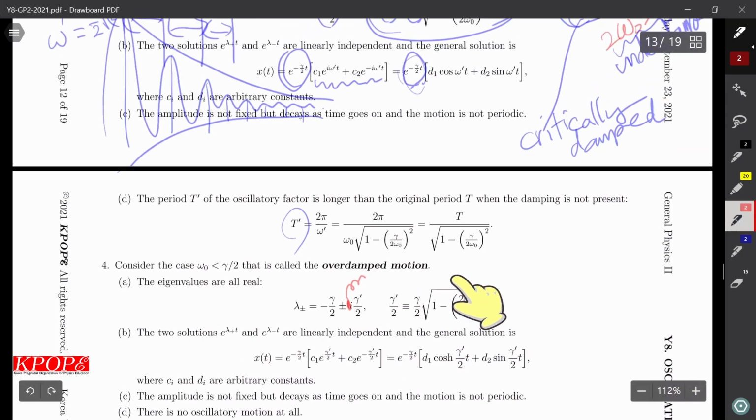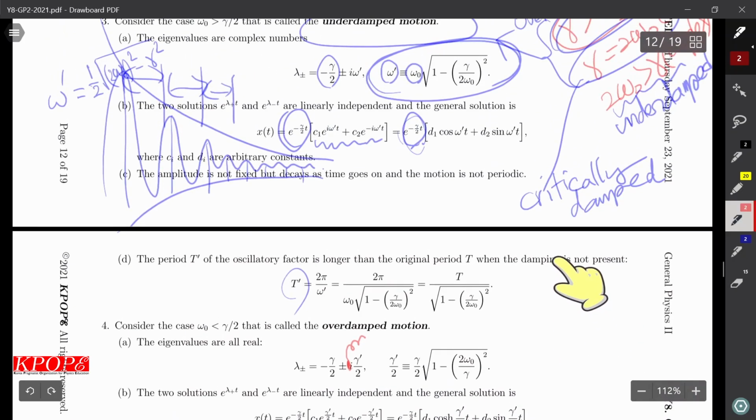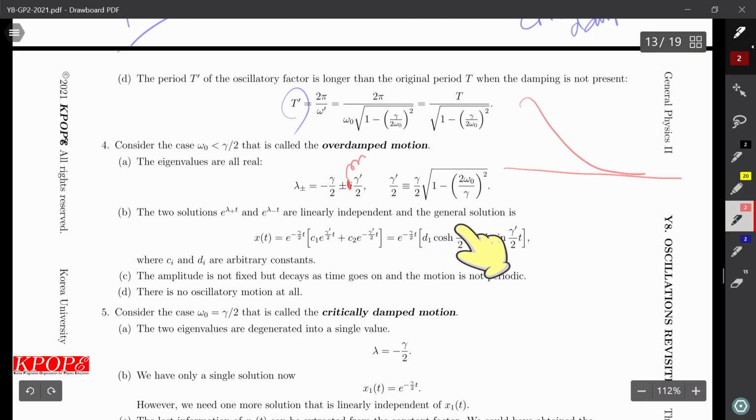In overdamped motion, there's no way of oscillating behavior. It is purely exponential. So the damping is like that. Even though there is a spring, there's no way of oscillation. The friction is large enough.